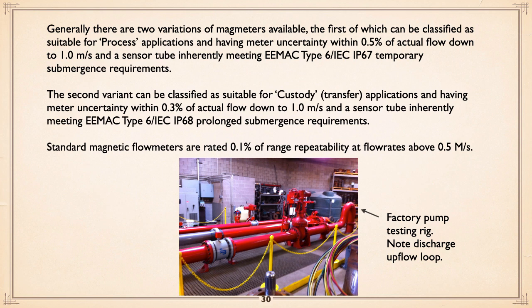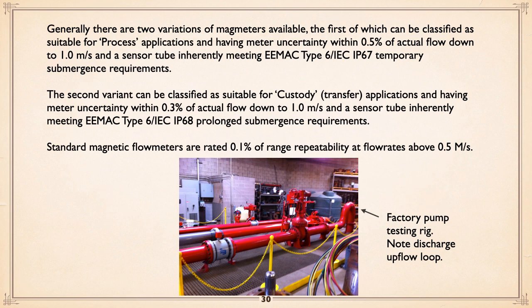That's sort of your general one that you're going to get. They will offer a second version that can be effectively considered custody transfer. Meter uncertainty goes from 0.5% down to 0.3%, down to 1 meter per second flow rate, and the sensor tube inherently meets NEMA type 6P or IEC IP68 prolonged submergence requirement.